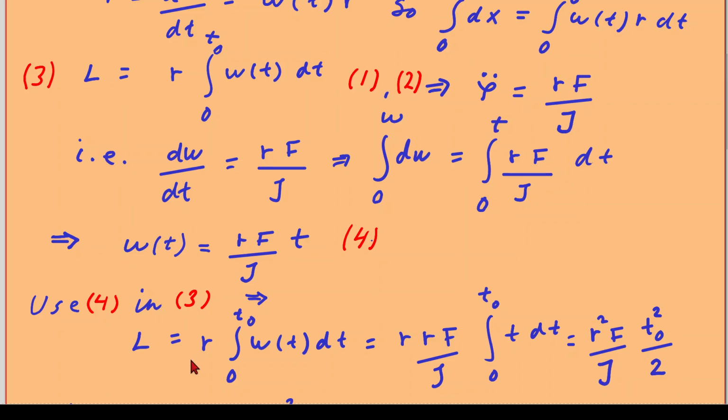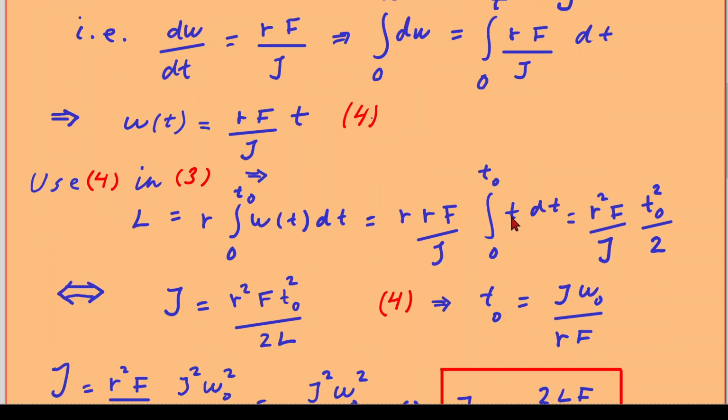L equals r and an integral. Omega t. But this is a constant. Lift it out from the integral. And t remains inside the integral. And the antiderivative of t is, of course, t squared over 2.